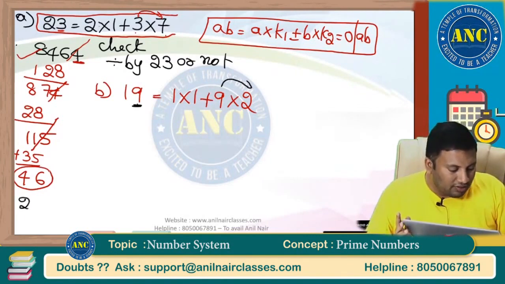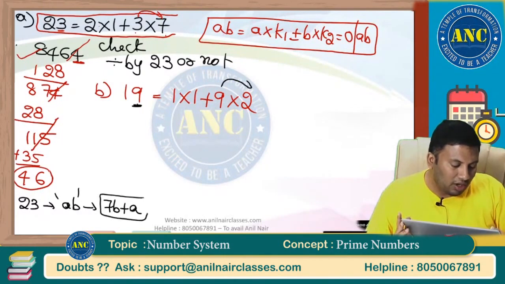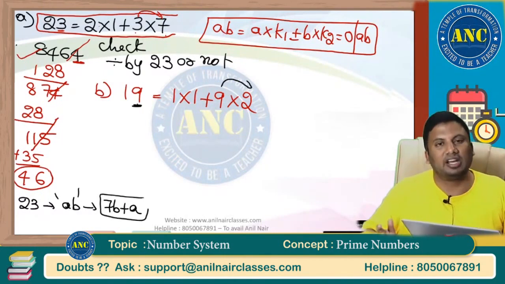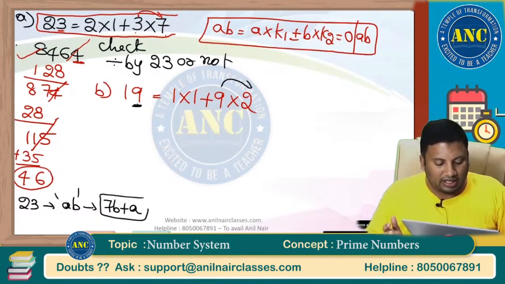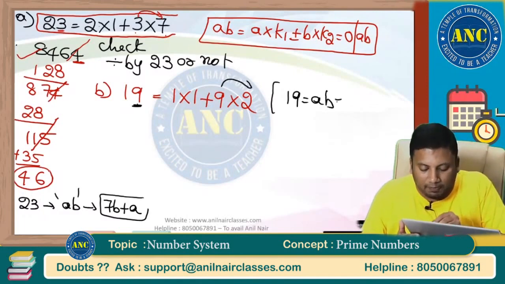Now 23, if it is a 2-digit number AB, what is the divisibility rule? 7B plus A. Are you all with me? 7 3s are 21, 21 plus 2 is 23. Here, if 19 is a 2-digit number, the unit digit is multiplied by 2.